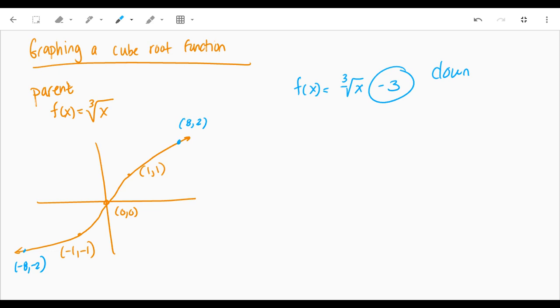Okay, so we can take each of our 5 points and move them down 3 units. Okay, so the point that was at 0, 0 will be at 0, negative 3. The point that was at 1, 1 will be at 1, negative 2. The point that was at 8, 2 will be at 8, negative 1.